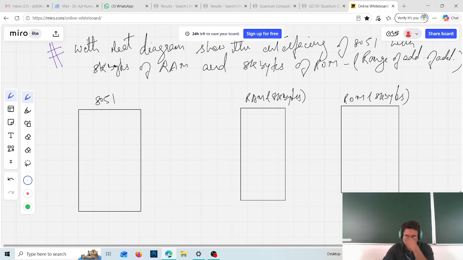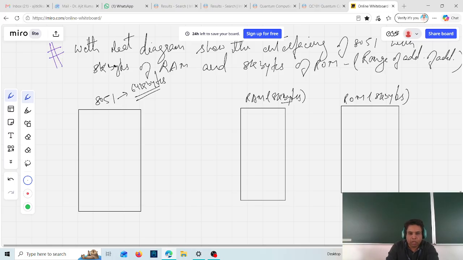So here, if you recall in the last class, we discussed where unused address lanes are being used. Here also we'll see, because I know that the 8051 microcontroller is able to access 64 kilobytes of maximum memory chip capacity. However, we have only 8 KB of RAM and 8 KB of ROM.